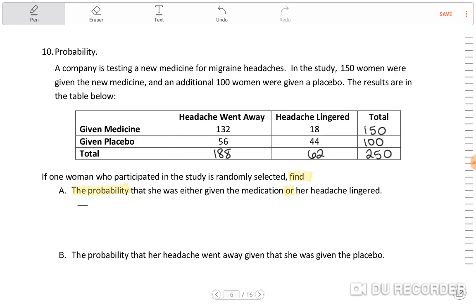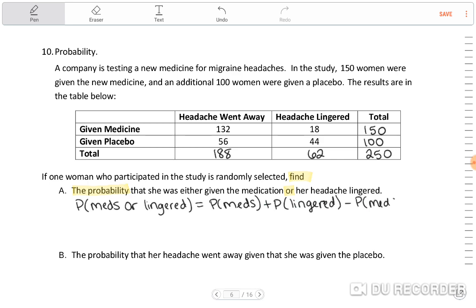Okay, so when we say probability, I'm going to just say meds or lingered, for headache lingered. Okay, so we have to find the probability that she got meds plus the probability that the headache lingered, minus the probability that she got meds and it lingered.